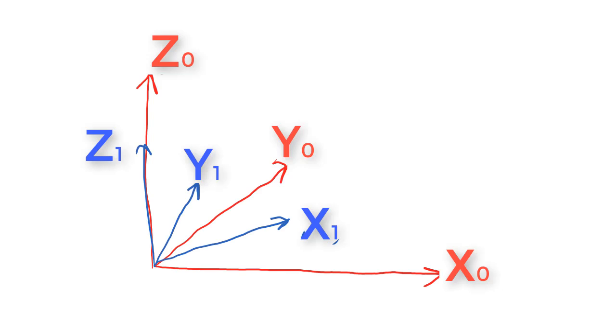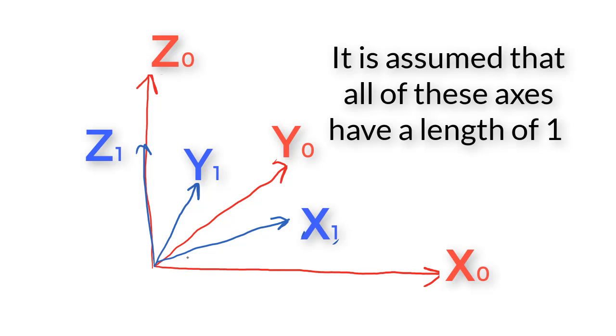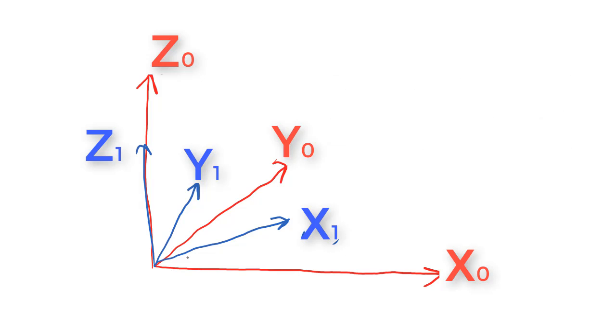In order to get numbers in each of these places, you first have to understand something about frames. In a coordinate frame, each of the individual axes is assumed to have a length of 1. Knowing that, could we figure out what numbers go in each of these places for this rotation that I showed as an example here?